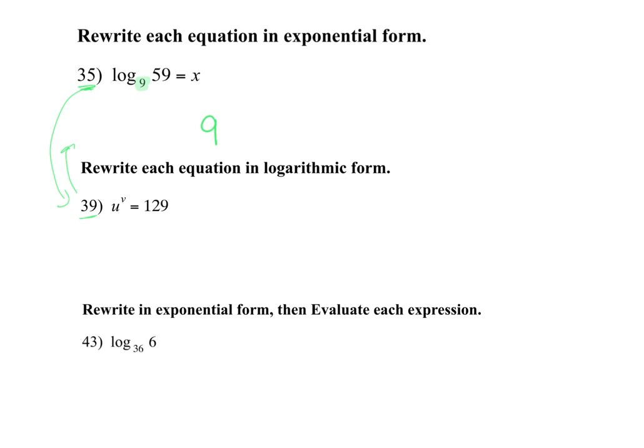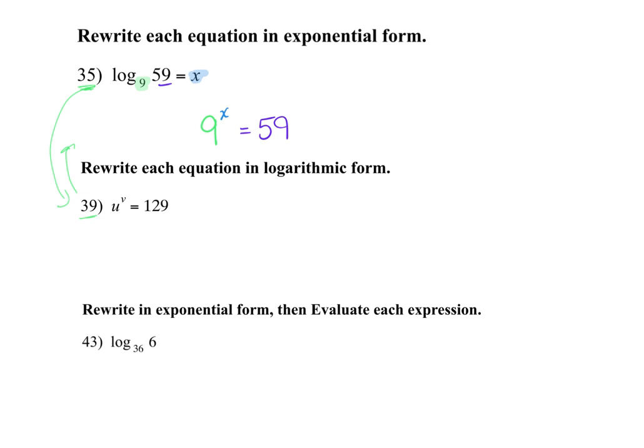This piece is my exponent. So I'm going to say 9 to the x, and that's going to equal that 59. 9 to the x equals 59. So that's rewriting it in exponential form.